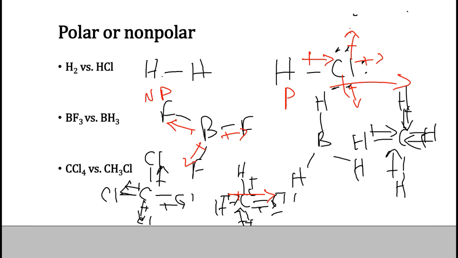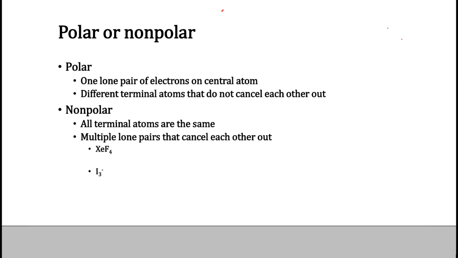So how can you start to guess quickly what the polarity of a molecule is? A few hints that generally work: your molecule is polar if you have 1 lone pair of electrons on the central atom.